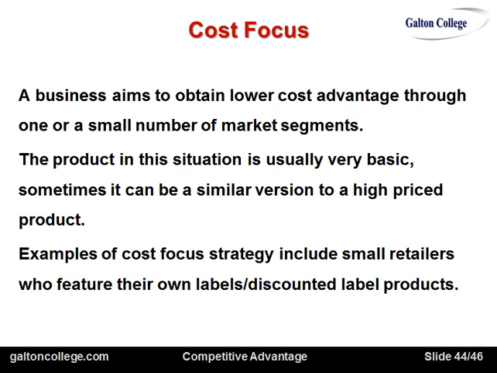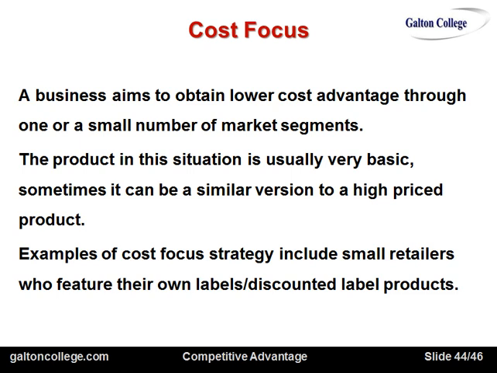Examples of low-cost strategy include small retailers who feature their own labels and discounted labeled products. So a small retailer may go to a large producer and ask them to make the product and put their label on it. So it looks like it's produced by the small retailer, but in fact it is the same product as produced by the manufacturer, except it's relabeled for the small retailer.